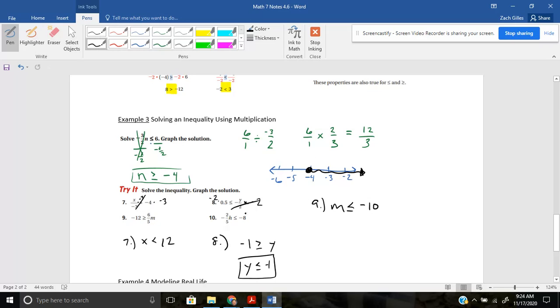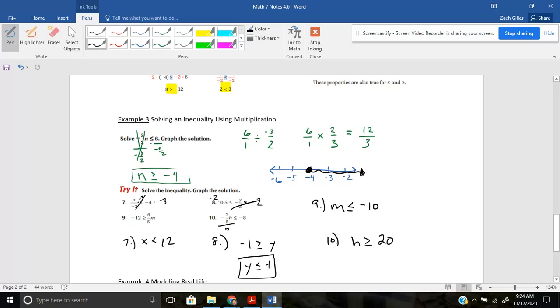Okay, and then in number 10, again, we're going to divide by a negative right away, so we should switch it. So we should arrive at h is greater than or equal to, I flip that inequality, 20 you should arrive at. Okay. Let me know if you have questions on those at all.